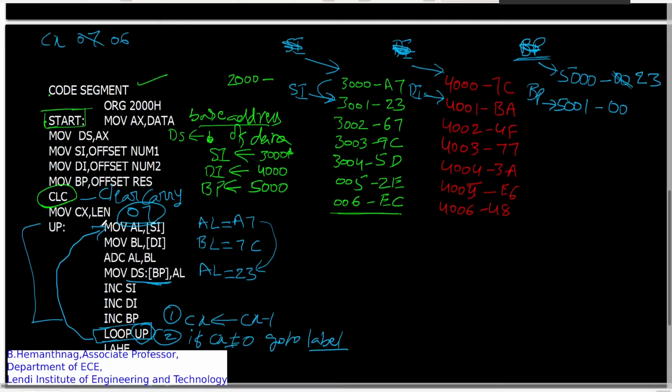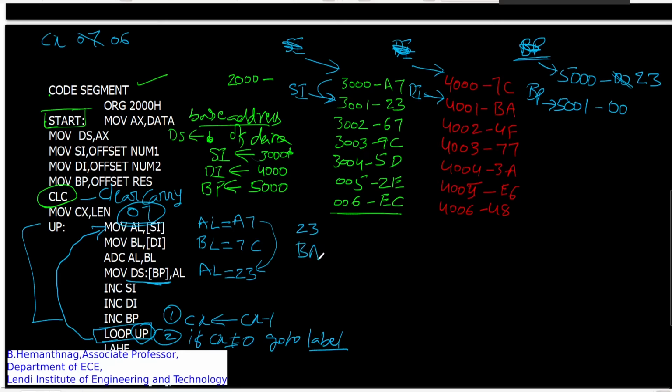Now as we come to this instruction again, the new SI, which is 3001, will provide the data to AL. So the new value of AL will be 23, and BL will be provided with the new value, which is BA.